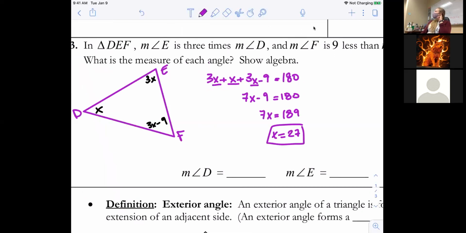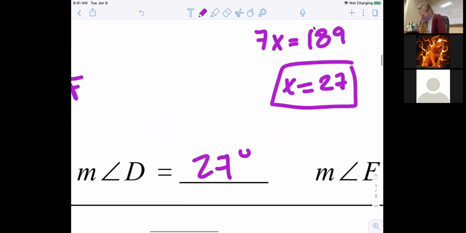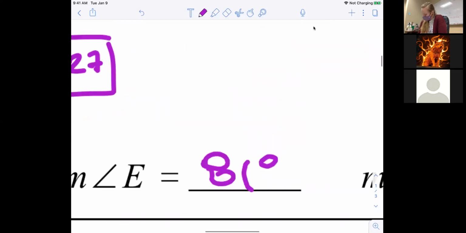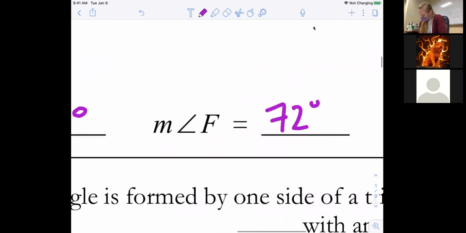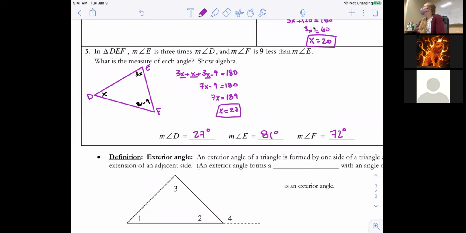Say again? Plug it in. It looks like I already have measure of angle D because that one is X. So I already have measure of angle D. E is going to be 3 times 27, which is 81. And then minus 9 is 72. All right, we doing good so far?